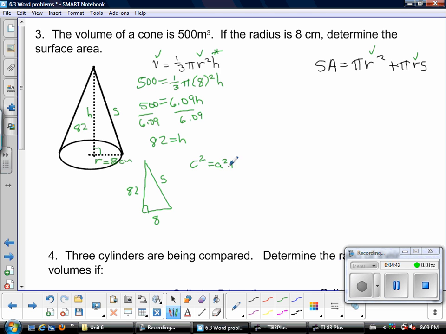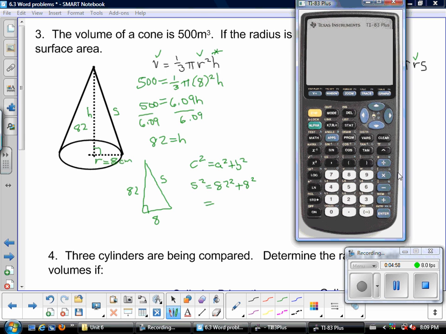So I write down the Pythagorean theorem. S squared is going to equal 82 squared plus 8 squared. And when we do that, calculator keeps turning off, just like the real one does. Plus 64.